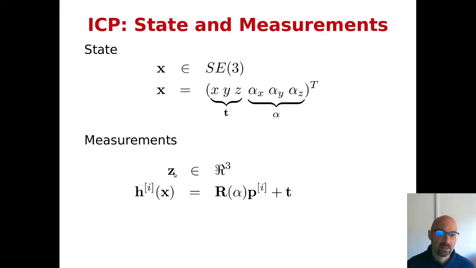The measurements are points in R3, and the prediction function is exactly the same as in 2D, only lifted to 3D. I have the rotation matrix constructed from the angular components multiplied by the point plus the translation vector, right? And this gives me the world point in the reference frame of the robot.